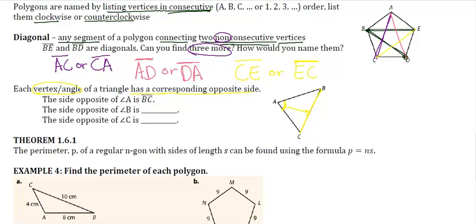So what is the side opposite of angle B? Excellent, segment AC. And then how about opposite of angle C? Angle C is here. Opposite gives us segment AB. So every vertex or every angle has an opposite side.